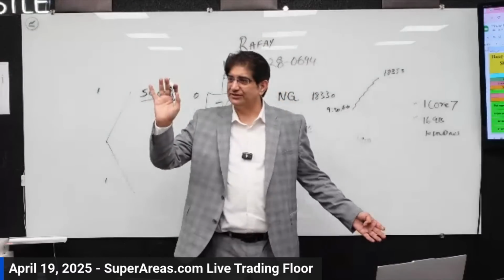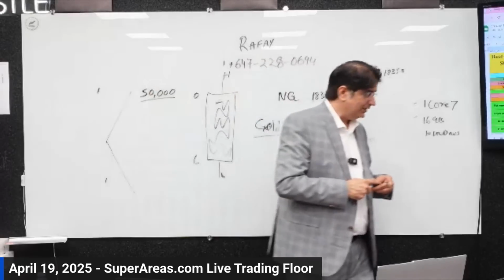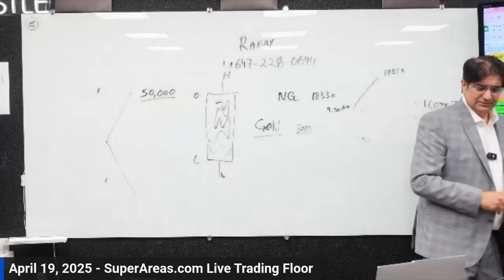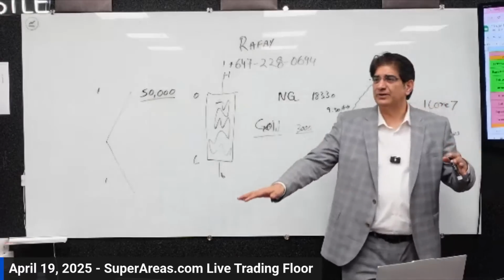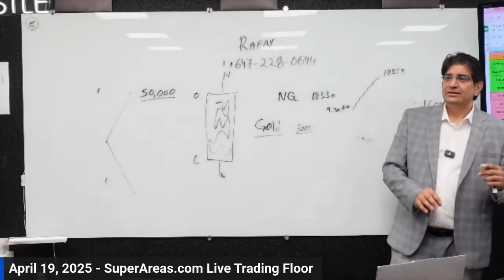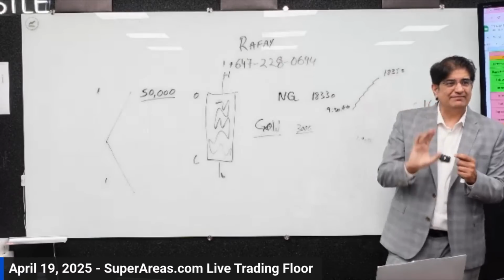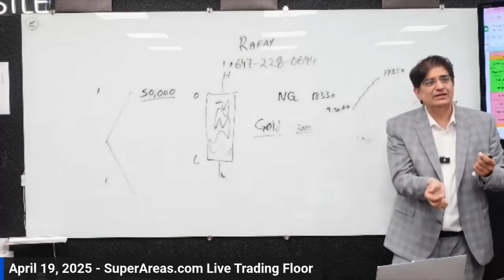It knows both directions, up or down. However, our algorithm says that if Nasdaq was to go up, it can go up to this level, and it must swing down.